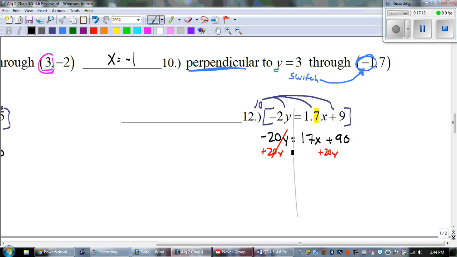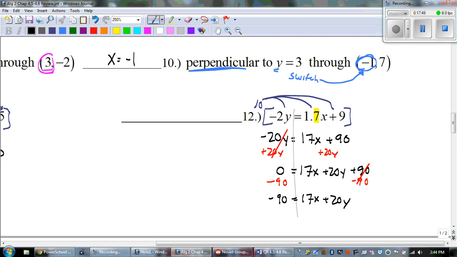Now, when everything cancels on the left, we get 0 equals 17x plus 20y plus 90. But now I have too much information on the right, so I'm going to subtract 90 to the other side, and then we get -90 equals 17x plus 20y.